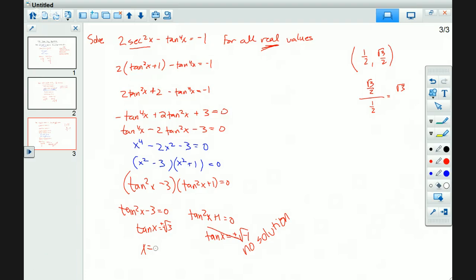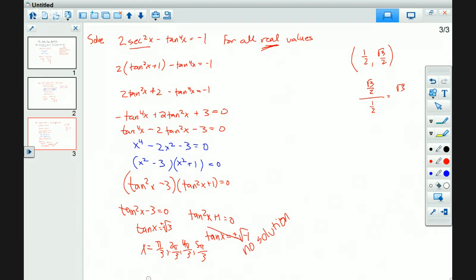Pi over 3. 2 pi over 3. Correct me if I'm wrong here. Do you agree? I agree.